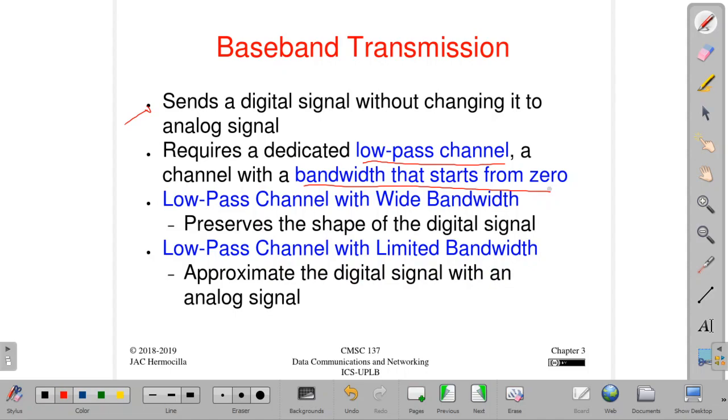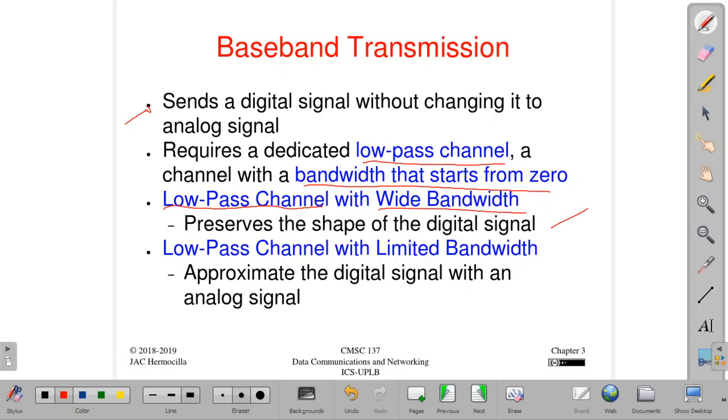Okay. And there are two approaches for this. If you are given a low pass channel, that means a channel with a bandwidth that starts from 0 and a wide bandwidth, then the shape of the original signal will be preserved.